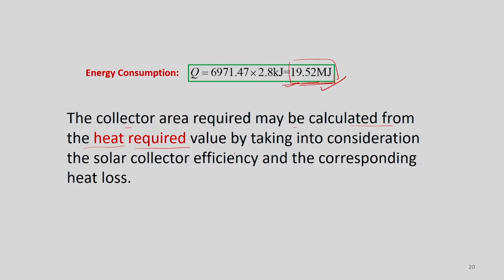This is done by taking into consideration the solar collector efficiency and the corresponding heat loss. This is very, very important. Once we know this, then we can size the kind of solar air heater required and what capacity, and how to connect those solar air heaters for meeting the requirement.